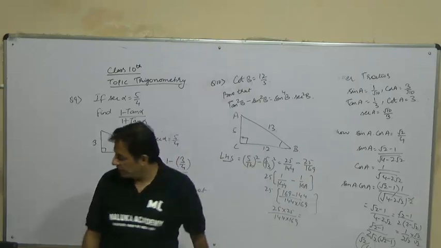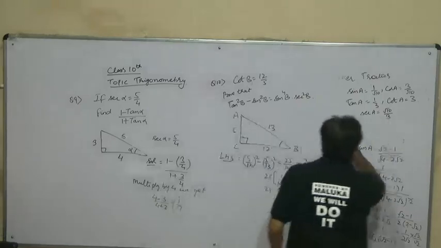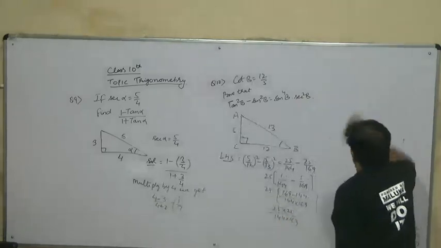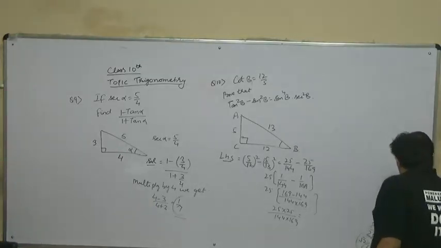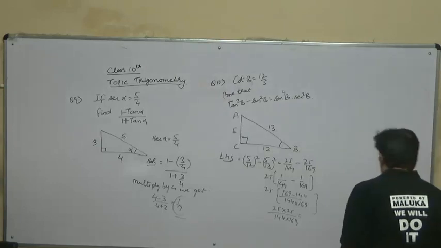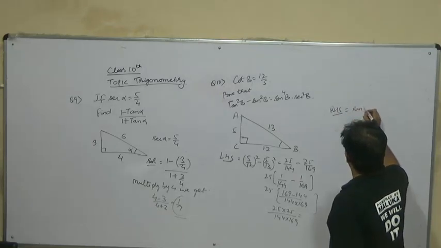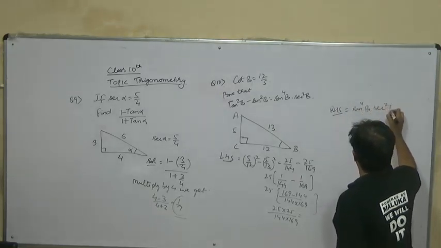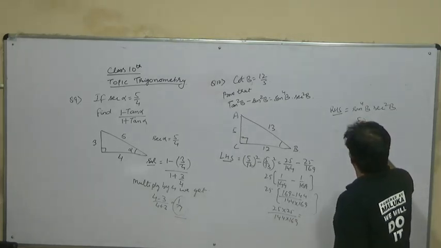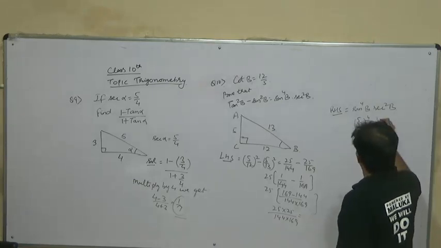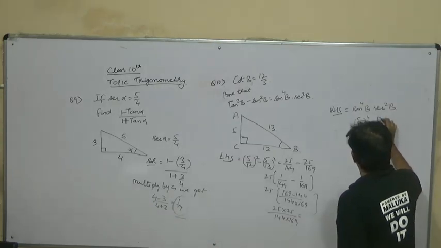Now we go for the right hand side. So this is sin⁴ B into sec² B. So what is sin B now? Sin B is (5/13)⁴ into sec² B, which is (13/12)².